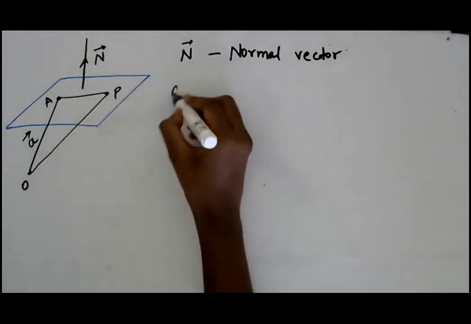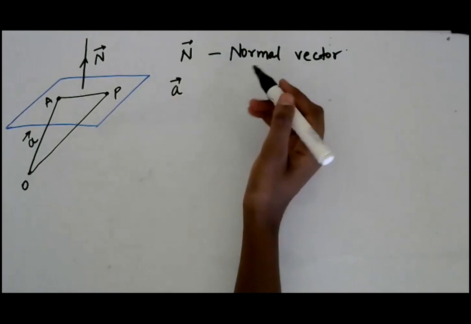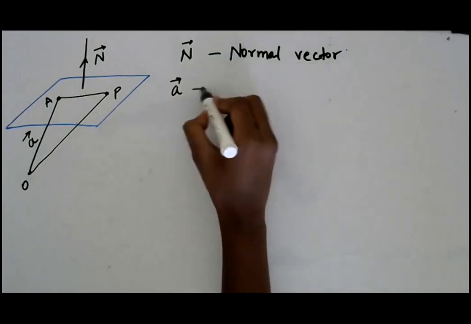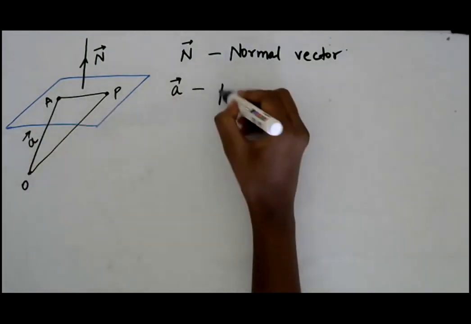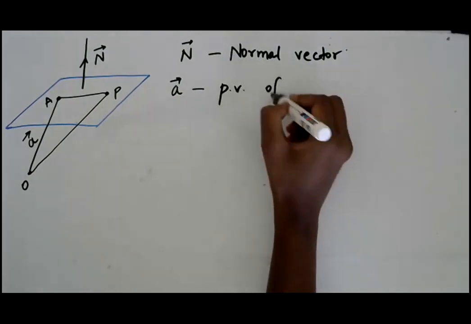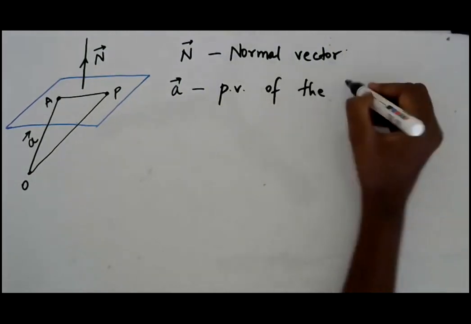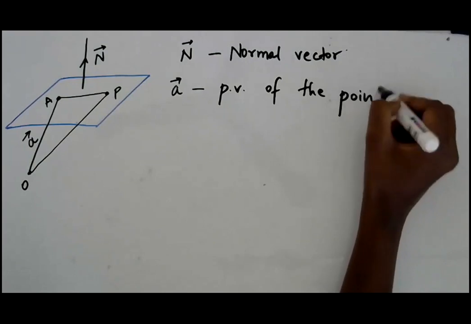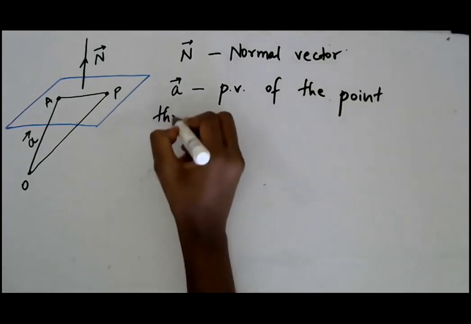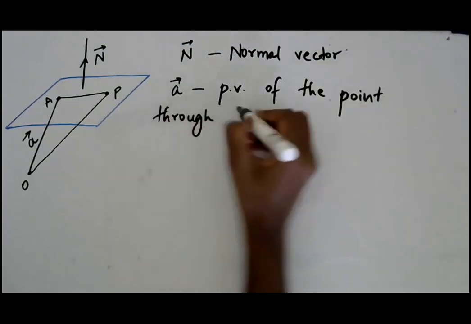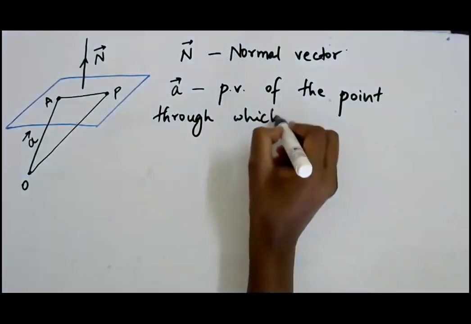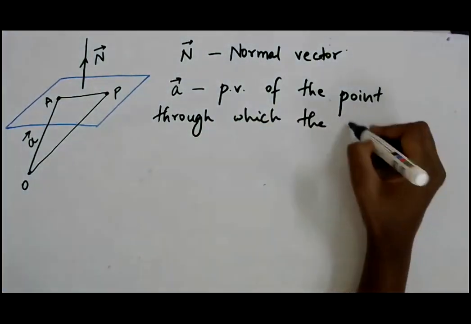Let a vector be the position vector of the point through which the plane is passing.